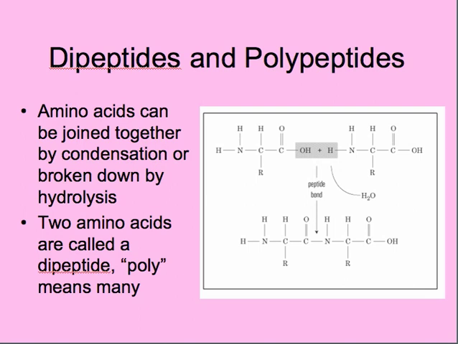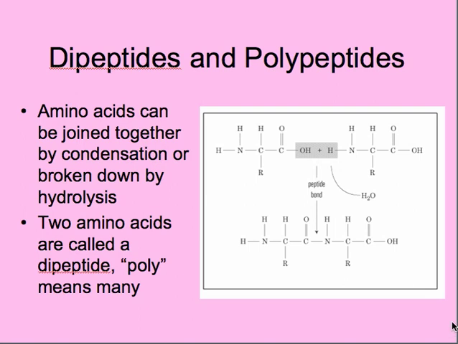A dipeptide is two amino acids joined together by a peptide bond. So a peptide bond is the bond that forms between the carbon of the carboxyl group of one amino acid and the nitrogen of another amino acid. And again, this is called condensation or dehydration.